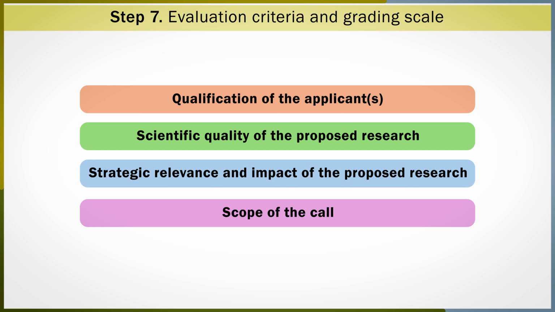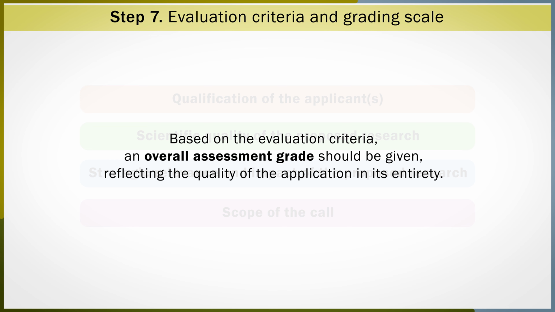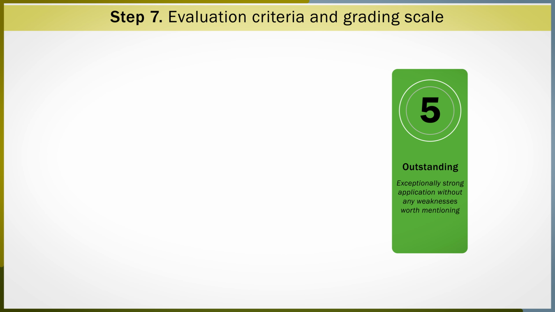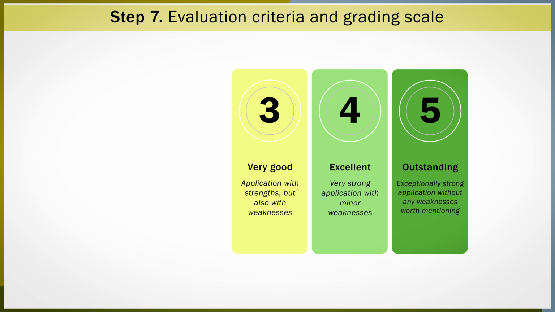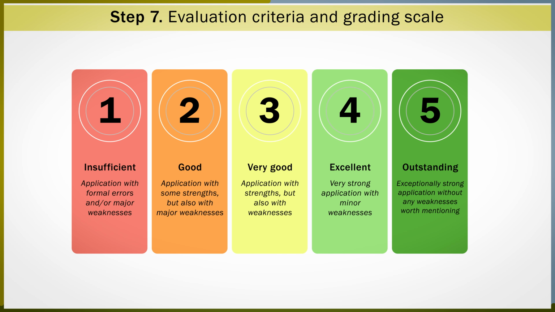These will be specified in the call text. Based on the evaluation criteria, an overall assessment grade should be given, reflecting the quality of the application in its entirety. The following 5-point grading scale is used. 5. Outstanding. 4. Excellent. 3. Very good. 2. Good. 1. Insufficient.